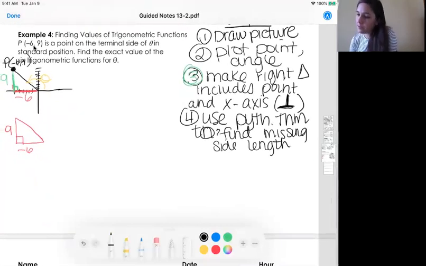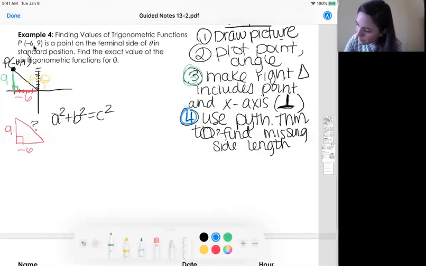All right, so we need to find our hypotenuse. So remember, Pythagorean theorem, we've got a squared plus b squared equals c squared. This will be, I'll color in blue. It's this step.